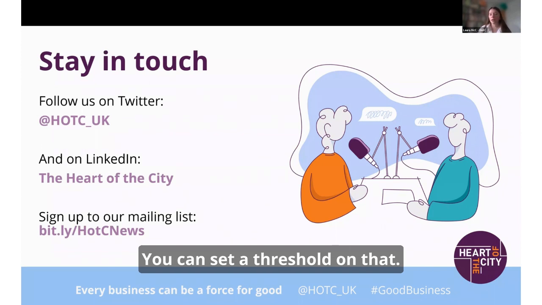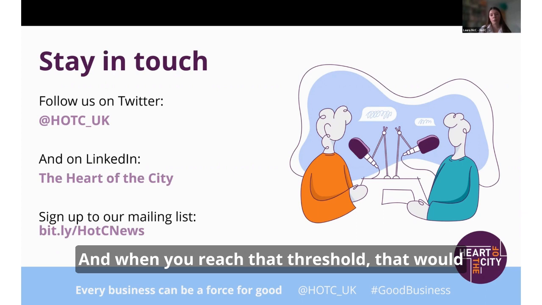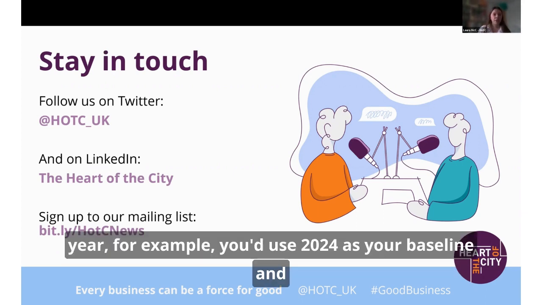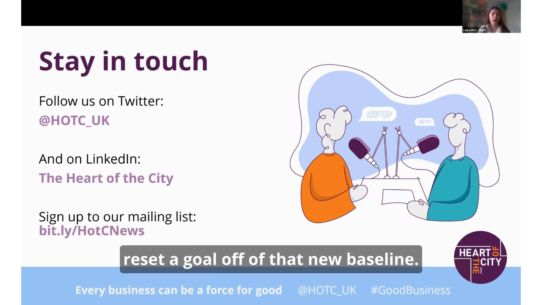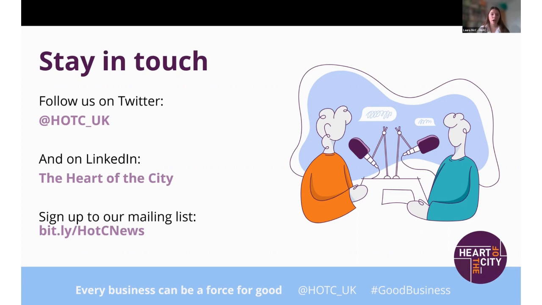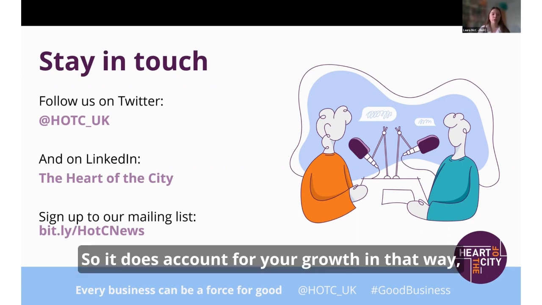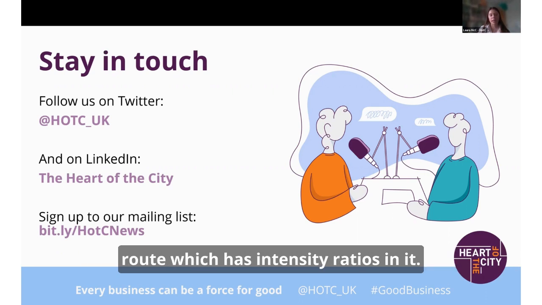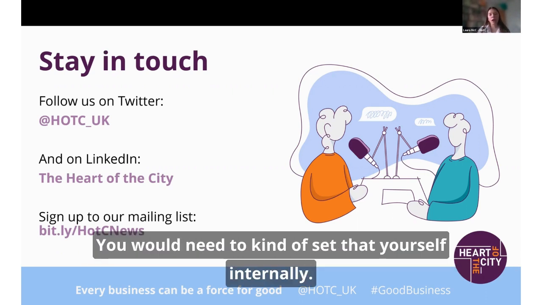When you reach that threshold, that would be the time when you'd re-baseline. So if that would be next year, for example, you'd use 2024 as your baseline and reset a goal off of that new baseline. So it does account for your growth in that way, but it's slightly different to the large business route, which has intensity ratios in it. You would need to set that yourself internally.